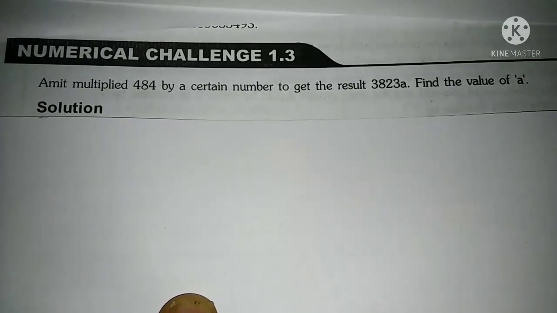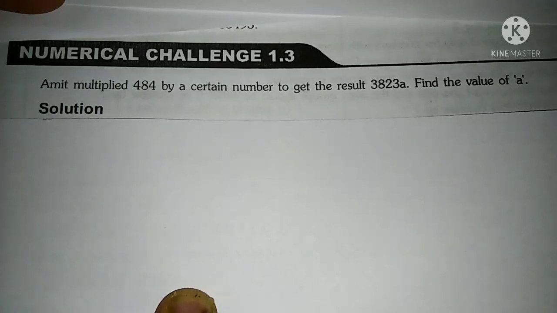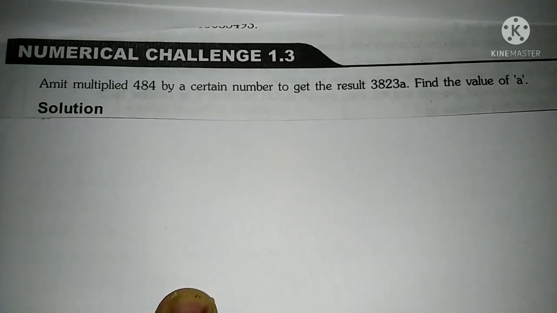Now you can see the question on the screen. Amit multiplied 484 by a certain number to get the result 38,203A.